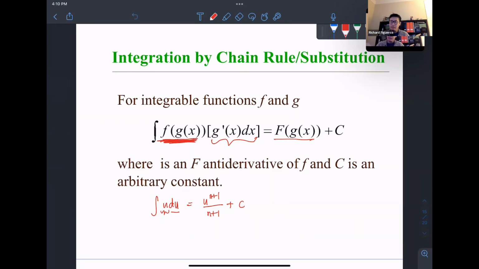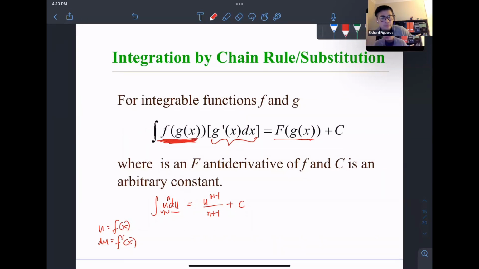So for example, we have the integral of u raised to n du. So u would be a function of x, and our du, of course, will be the f prime of x.